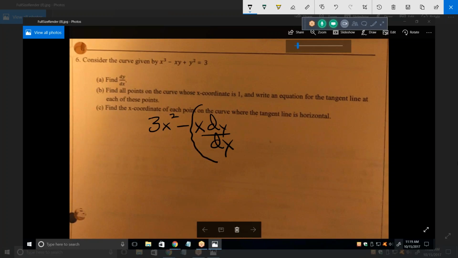Important that you add those parentheses. Okay, y. What's the rest of it? Plus, product rule. Plus 1y.